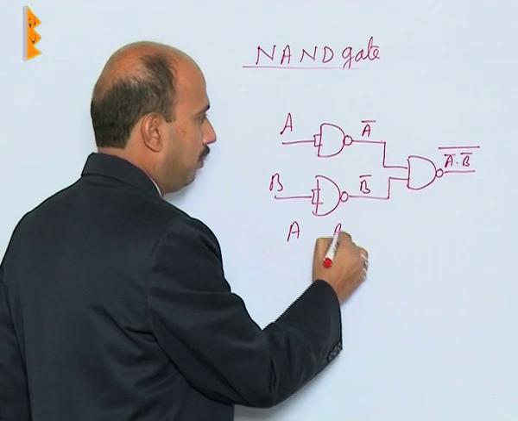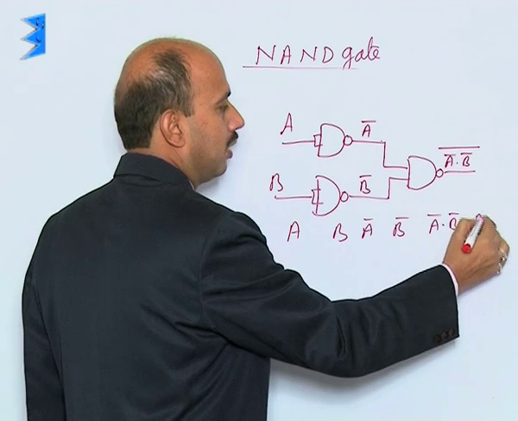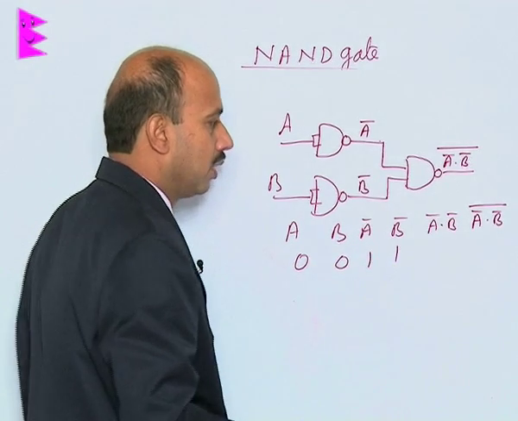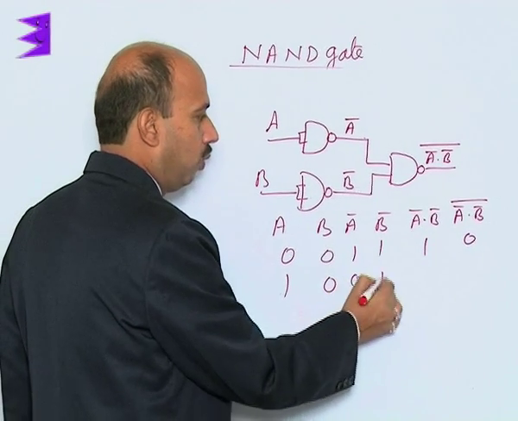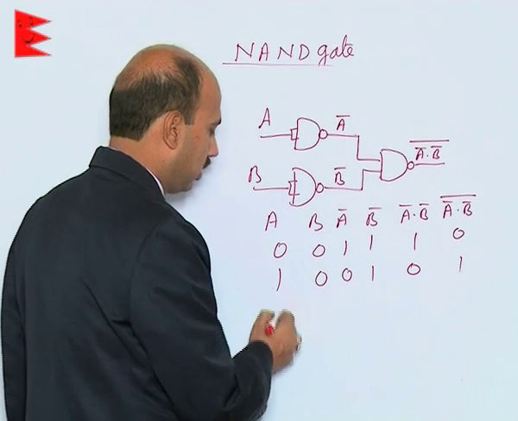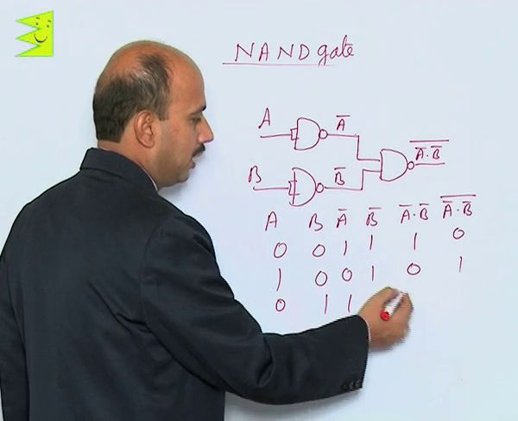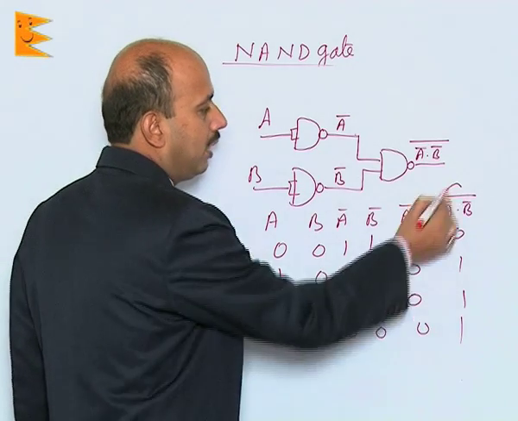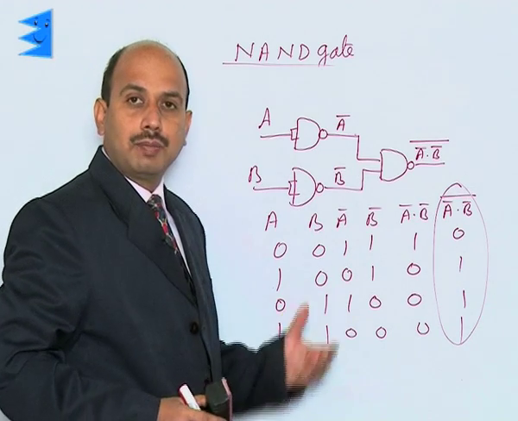So, we can write A, B, A bar, B bar, and (A bar and B bar) whole bar: 0, 0, 1, 1, and here this is 0; 0, 1, 1, 0, here 1; 1, 0, 0, 1, here 1; 1, 1, 0, 0, 1. So, here we are getting the OR gate. So, we have seen how to get the OR gate by using the NAND gate.